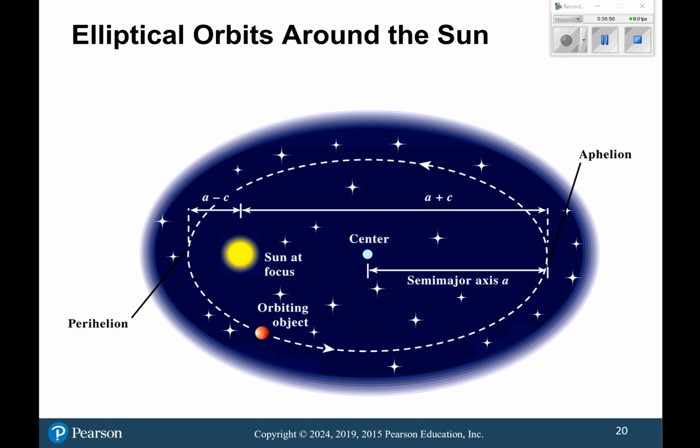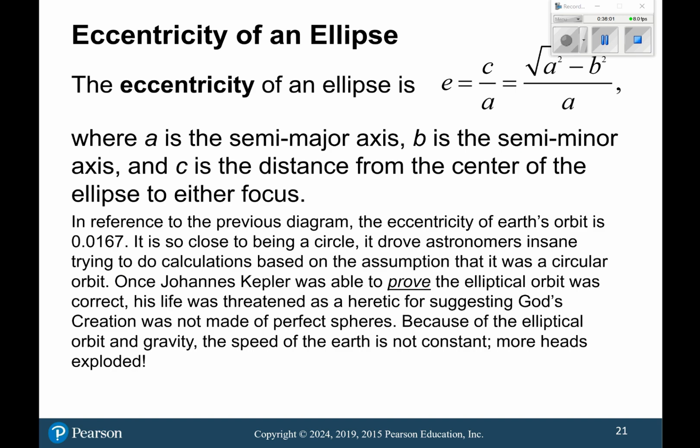That center, yeah, it'd be interesting to find, but there's absolutely nothing there in space. So yeah, don't even bother with that. Okay. The eccentricity of Earth's orbit is actually 0.0167. It's so close to being a circle.